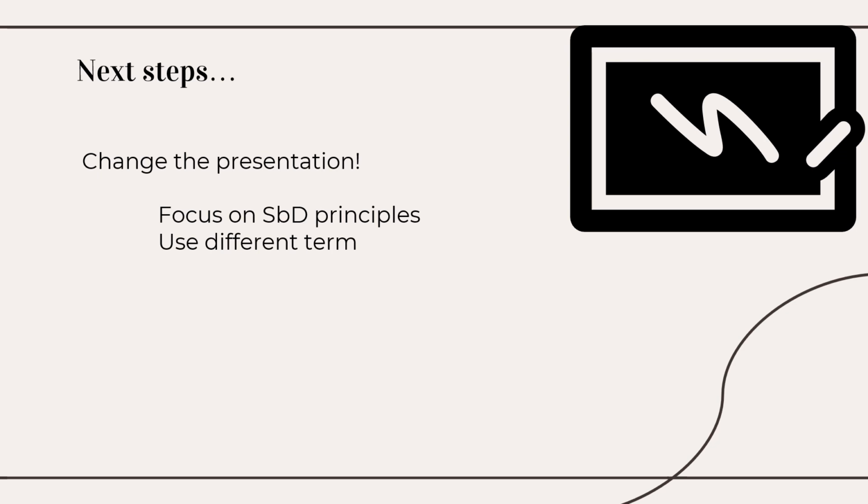So, next steps for the company itself, I did address the company in my presentation. Change your presentation. Either focus on security by design principles, where you could even say, yes, we follow this principle, doing this and this. We also follow this principle with these caveats, and we can't tell you more because of NDAs or something like that.